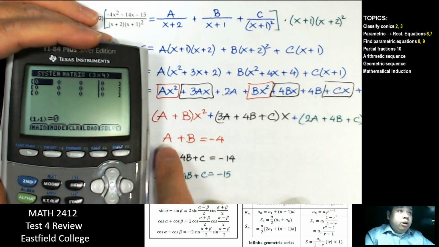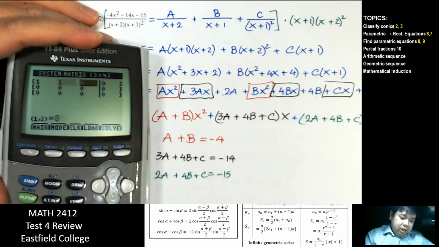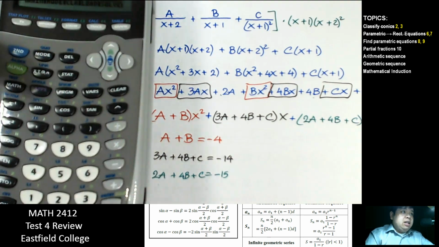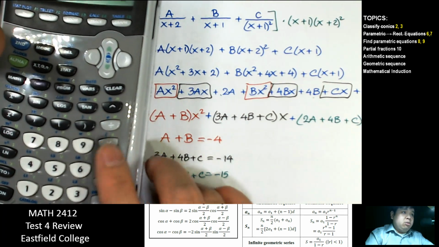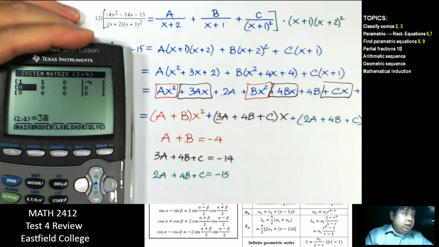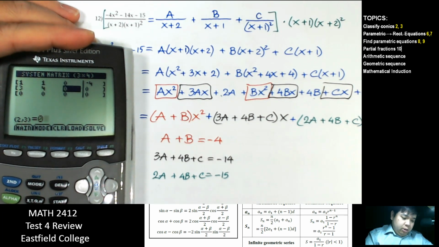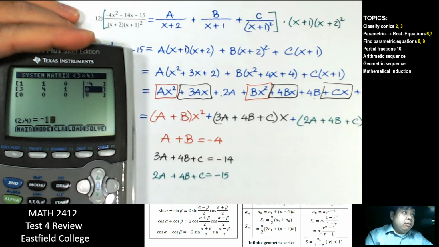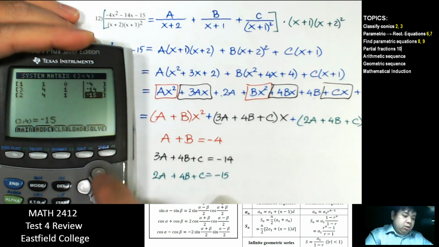We have 1 for A, 1 for B, no C, negative 4. Notice negative is this negative sign and not that subtract. And then 3, 4, 1, negative 14, 2, 4, 1, negative 15.